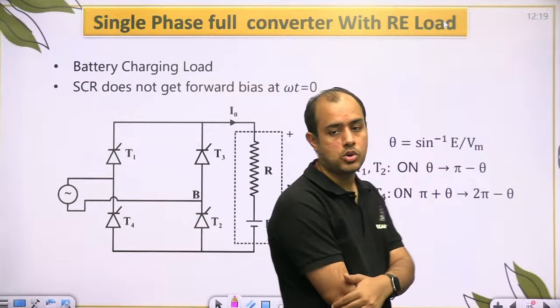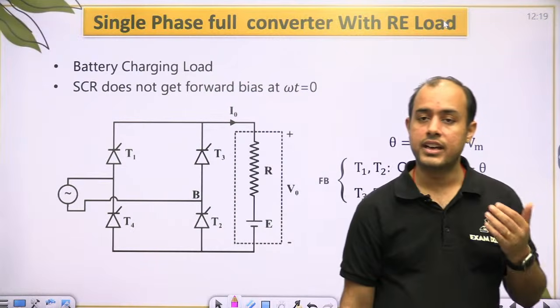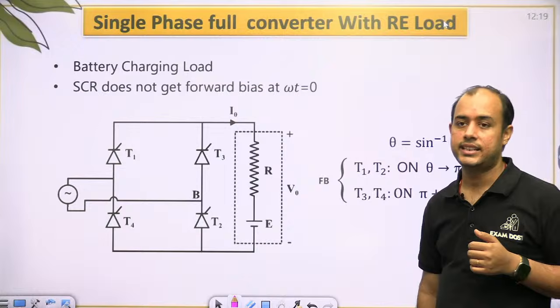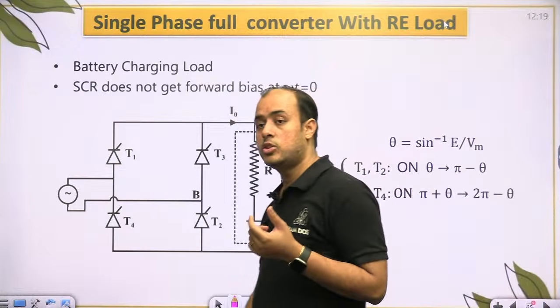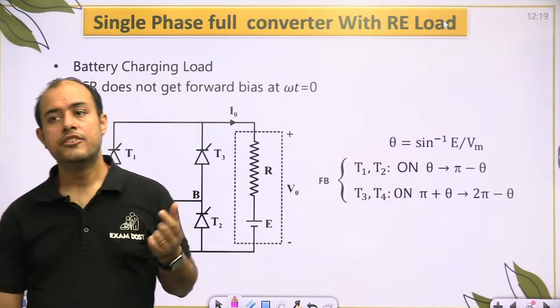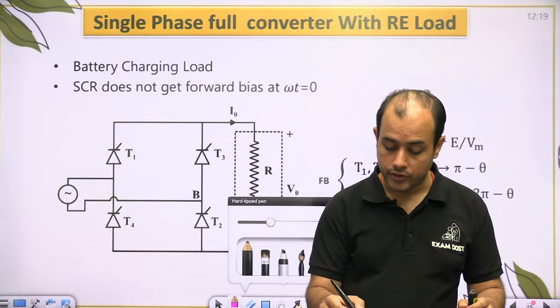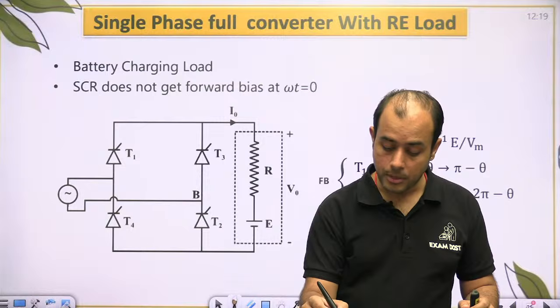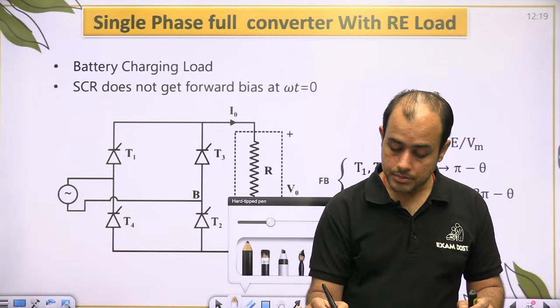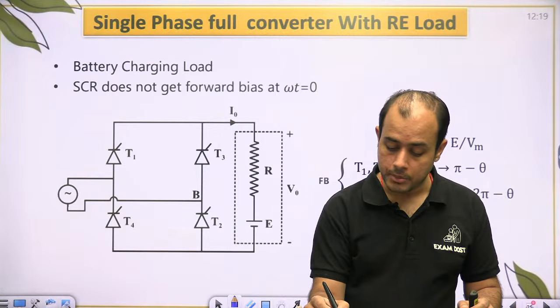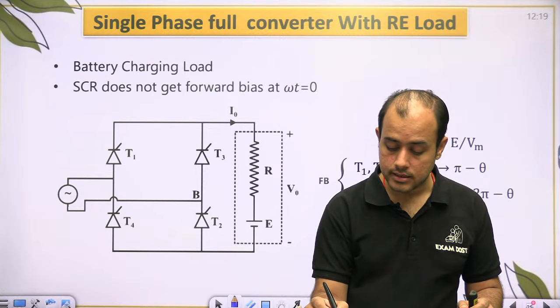It will start to conduct at alpha, where alpha is greater than theta. So T1, T2 will be forward biased from theta to pi minus theta, and T3, T4 will be forward biased from pi plus theta to 2 pi minus theta. But they will be on from alpha to pi minus theta.